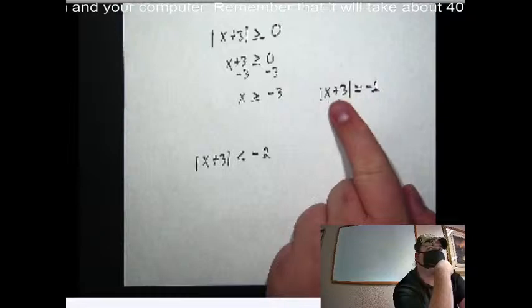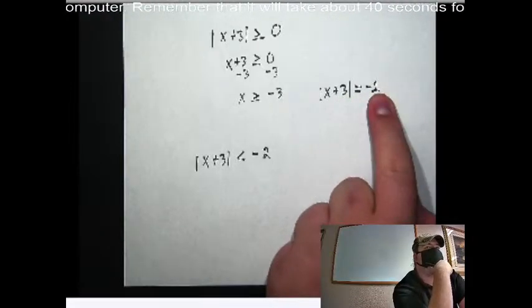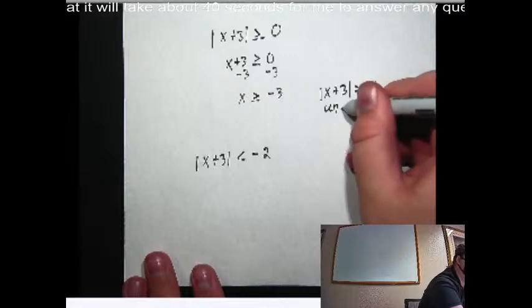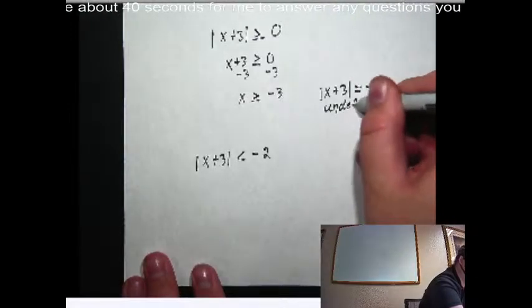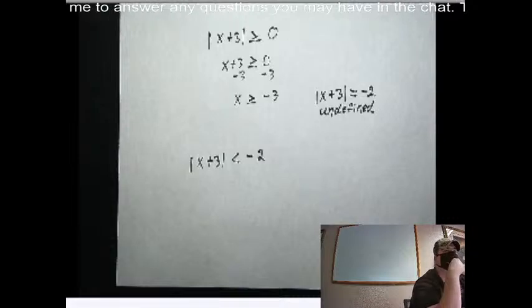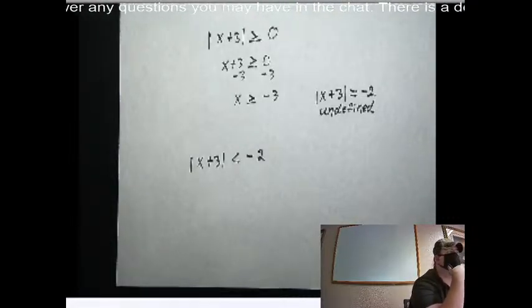Okay. So because an absolute value cannot give you a negative number, here we say this is undefined. Okay.